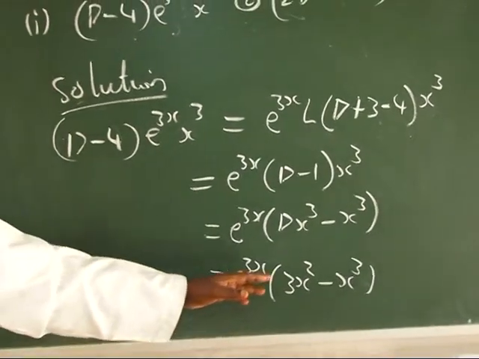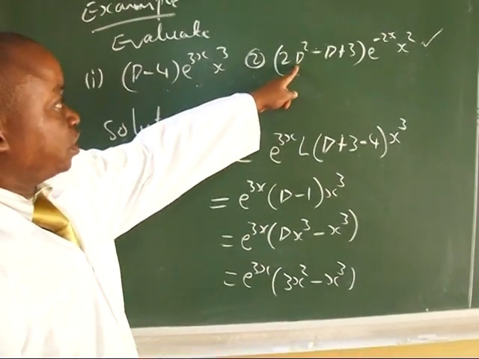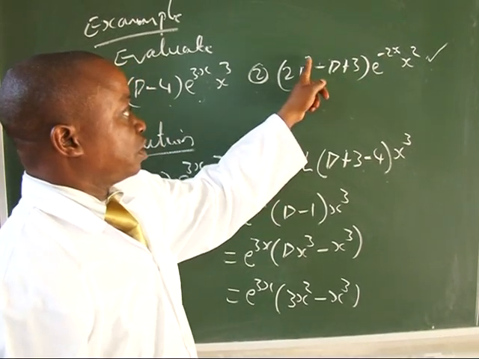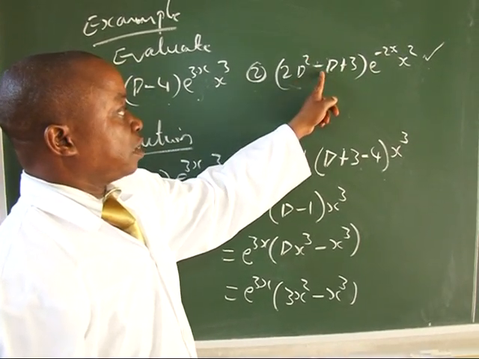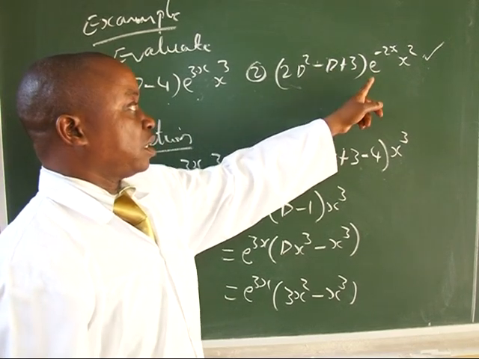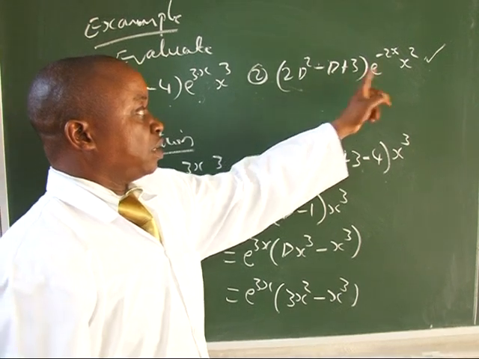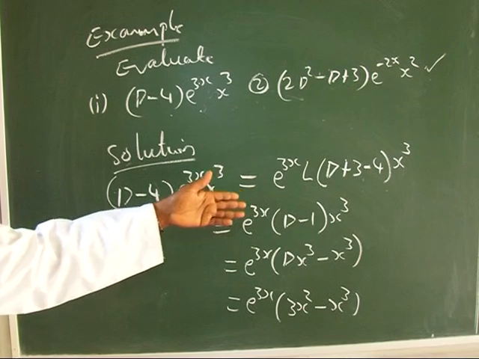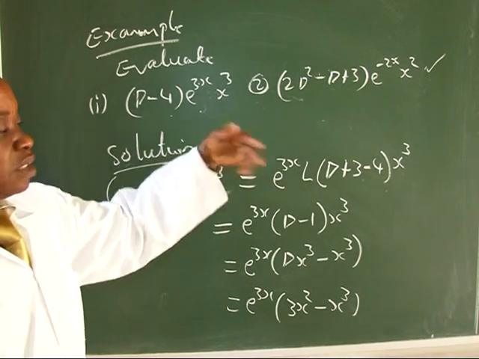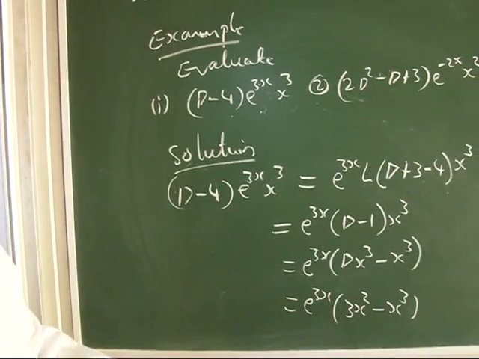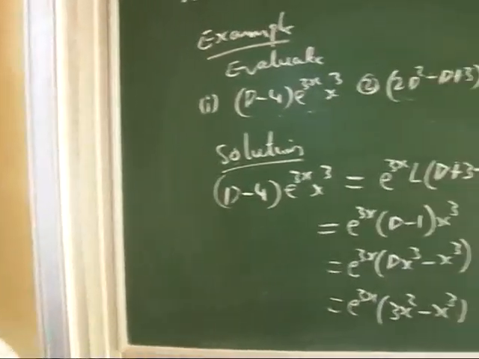It's very simple. Anywhere you see this square is differentiation, differentiating it 2 times.